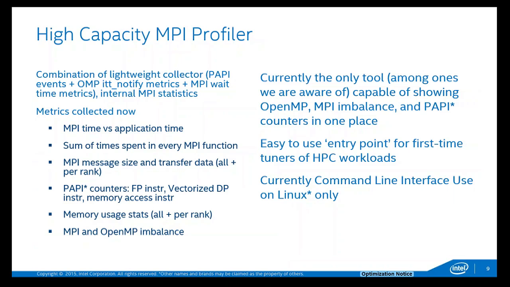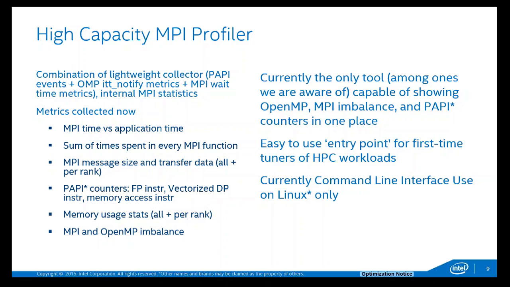So here's a bit more detail about the information that's provided by the tool. It combines the PAPI events. It combines the OpenMP ITT notify metrics, which is just a way for the OpenMP runtimes to give us detailed data as it's running for whatever OpenMP regions you might have in your code.